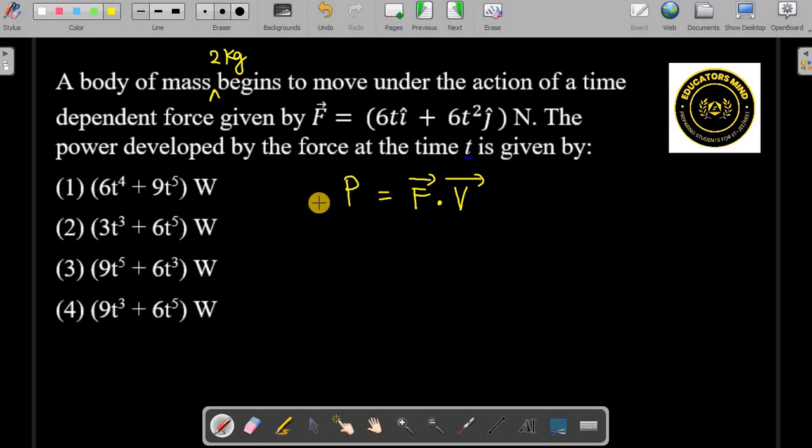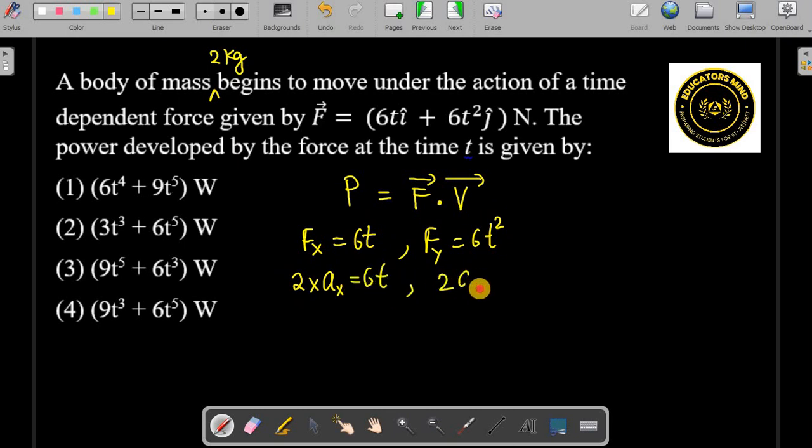If you take the x component of force, this is 6t, and the y component of force is 6t square. This force is mass into acceleration, so 2 into acceleration along x-axis is 6t, and 2 into acceleration along y-axis is 6t square. So acceleration along x-axis is 3t, and acceleration along y-axis is 3t square, right?